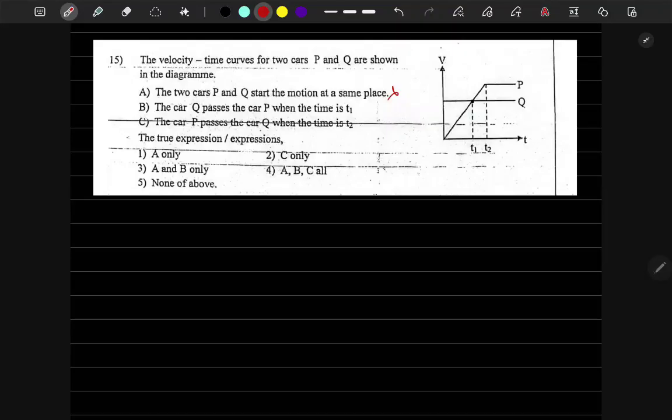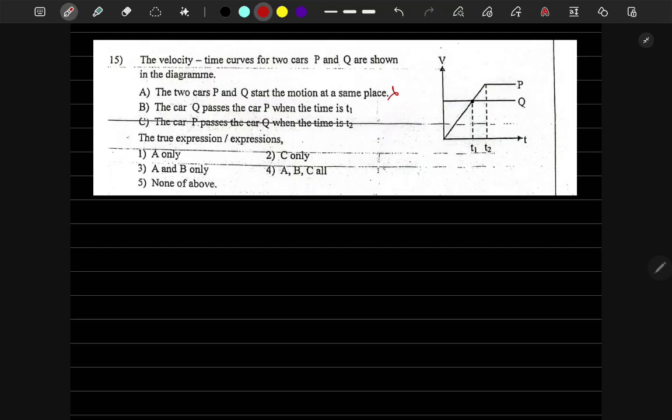Now both those statements depend on the position of P and Q, right? Now think of this. This is not physics actually. This is general knowledge. Now think of a car in Jaffna and think of a car in Colombo and think that there is a straight road from Colombo to Jaffna. So let's take a place somewhere in the middle.